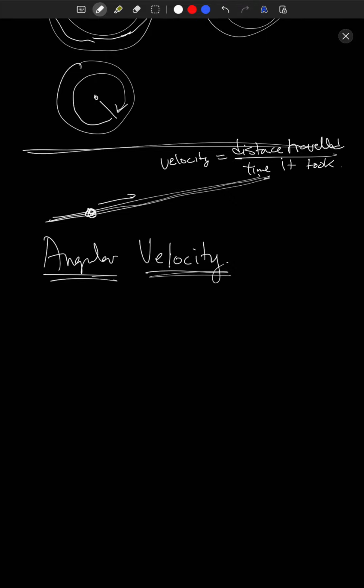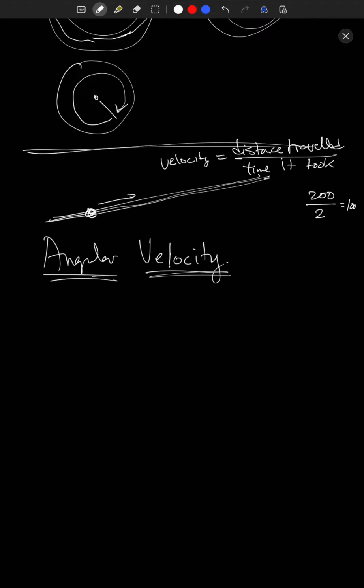Right? For example, if we drove 200 miles, and it took us 2 hours, then our velocity would be 200 miles over 2 hours, which is 100. So we will have been driving 100 miles an hour. All right? Okay.